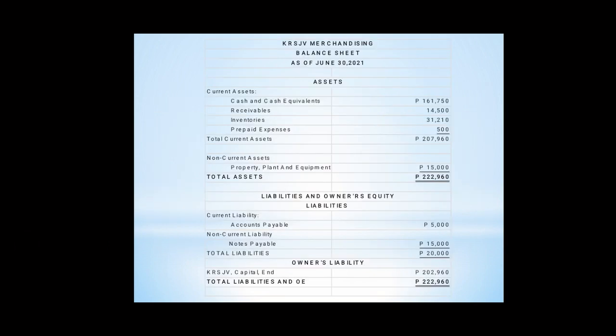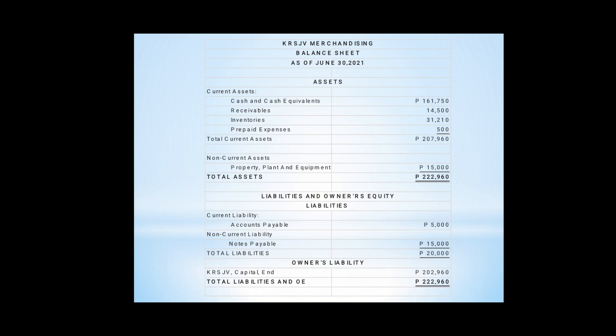After making the owner's equity statement, we will proceed on making the balance sheet. In the balance sheet, you see the assets, liabilities, and owner's equity. In assets and liabilities, you must separate the current and non-current in order to verify and easily determine. In the balance sheet, the liabilities and owner's equity are combined because assets equal liabilities plus owner's equity.